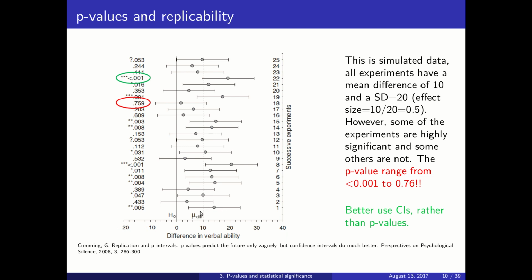The confidence interval for the difference here is this segment, and the fact that this segment doesn't include 0, where 0 means no difference, is what makes the hypothesis contrast reject the null hypothesis. So because the confidence interval doesn't include 0, we reject the null hypothesis.